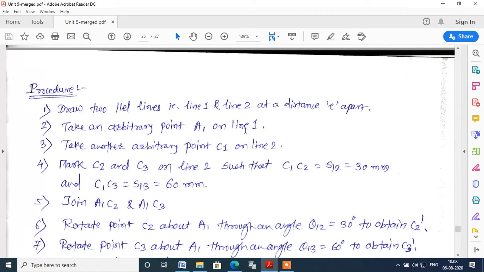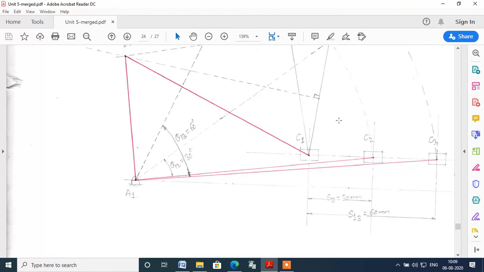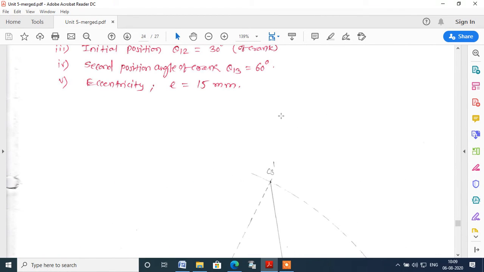So what is the procedure? Number one, first of all draw two parallel lines, that is line 1 and line 2, at a distance e apart. E apart means the eccentricity, whatever is given, you have to draw lines 1 and 2 e apart. In this problem the eccentricity is given, that is 15 mm.